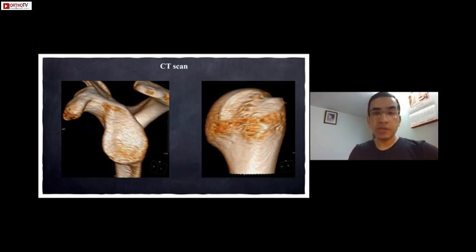Now, MRI will just show you the labral tear. It is often very difficult to figure out what has happened to the bone on MRI. Some cuts, yes, not always. CT scan is the one which tells you what's going on with the bone, because today the management of recurrent dislocation is predominantly based upon one thing, that is the bone loss.